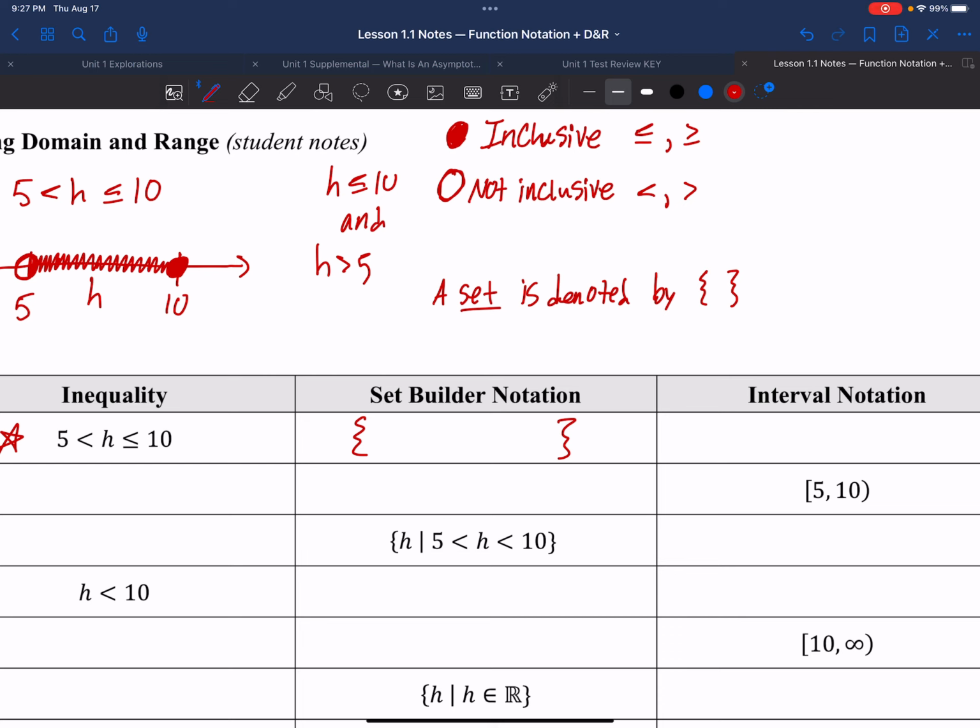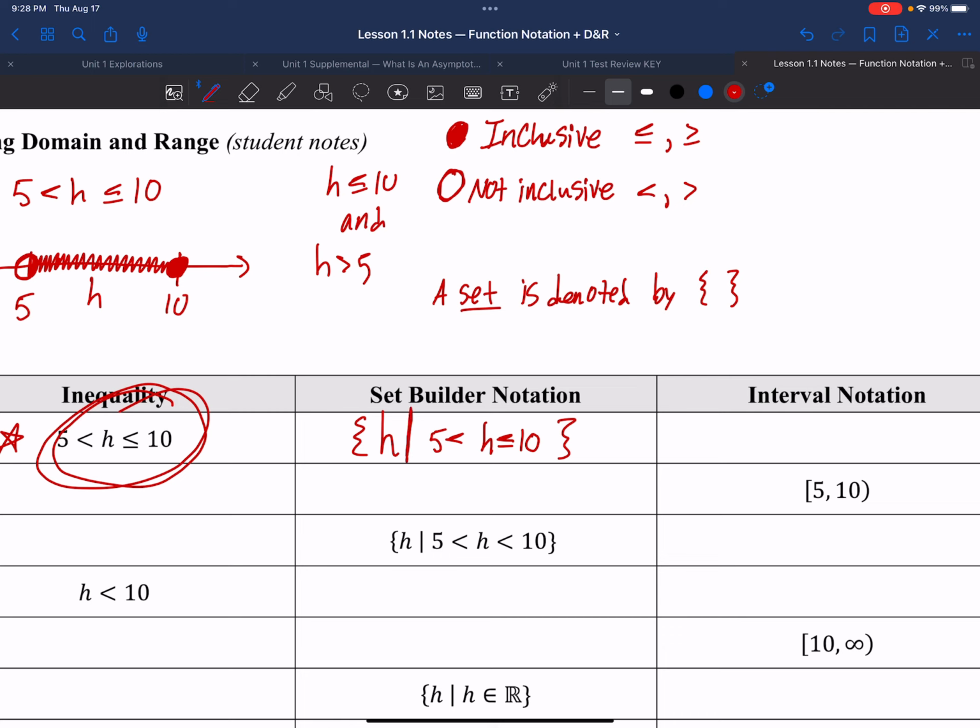And then second, it's just the relationship with that variable, or I should say the conditions on that variable. What's the variable in question? It's H, yeah? H is the variable we're talking about. And the relationship with H, I'm going to put this off to the right here, is that H is less than or equal to 10, but it's more than 5. And I'm going to separate these with a little bar like this.